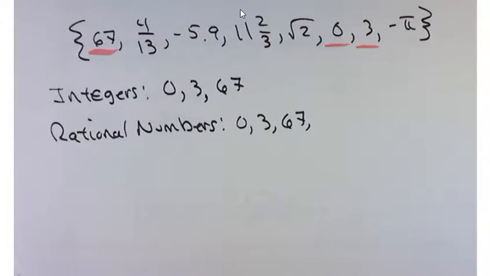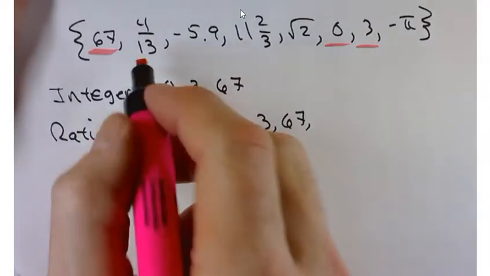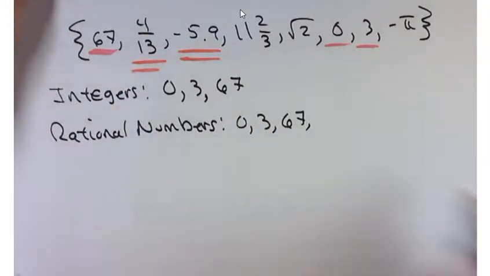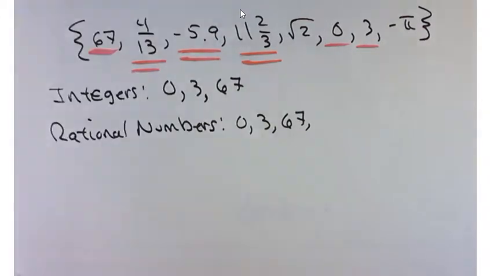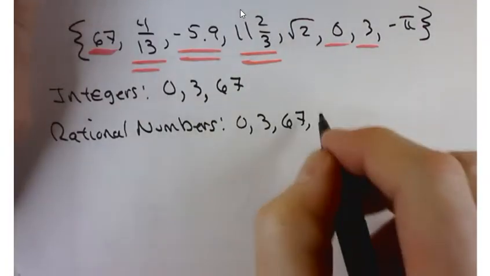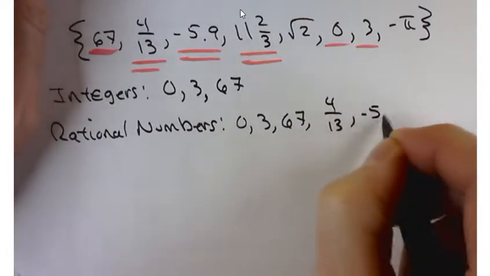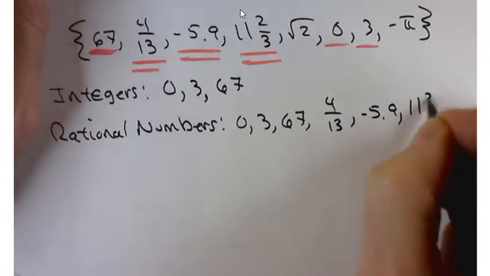What else should we add? Fractions, and anything that can be written as fractions: 4 over 13, negative 5.9, and 11 and 2/3.